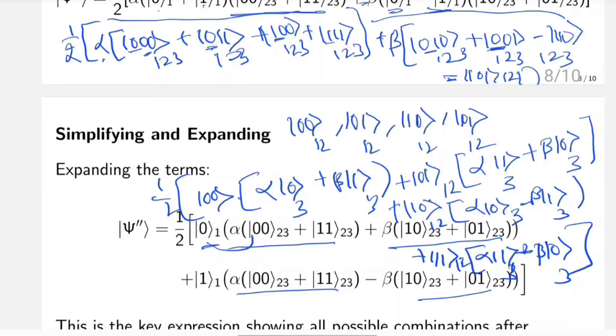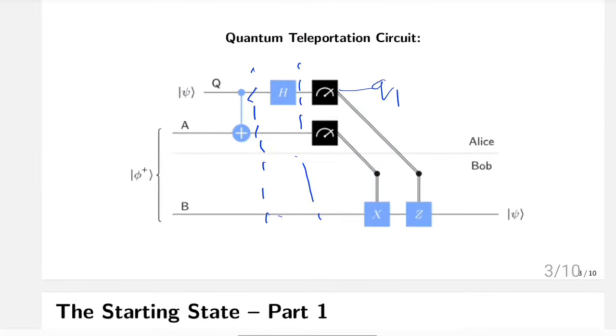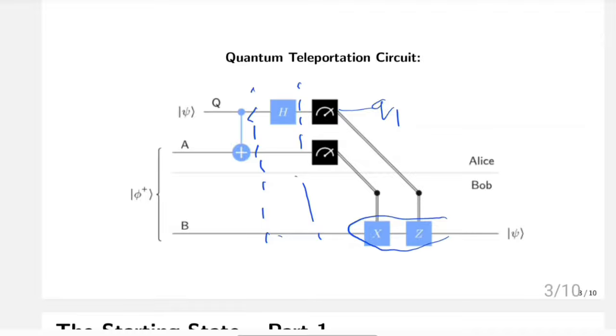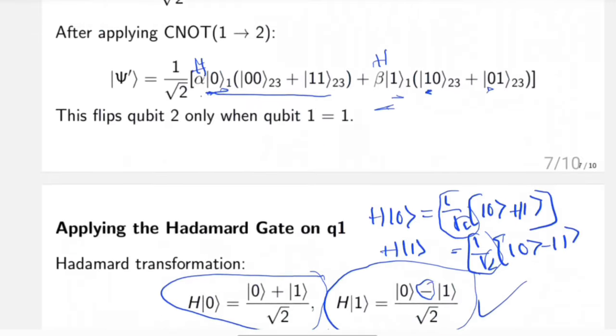So if you look here, the actual message is at ket0 0. Here, alpha ket1 and beta ket0, you need to apply the Pauli X gate, and here you need to apply Z gate, and here you need to apply X and Z gate. That is why, in a quick recap of the circuit, Bob has X and Z gates at the end of the circuit.